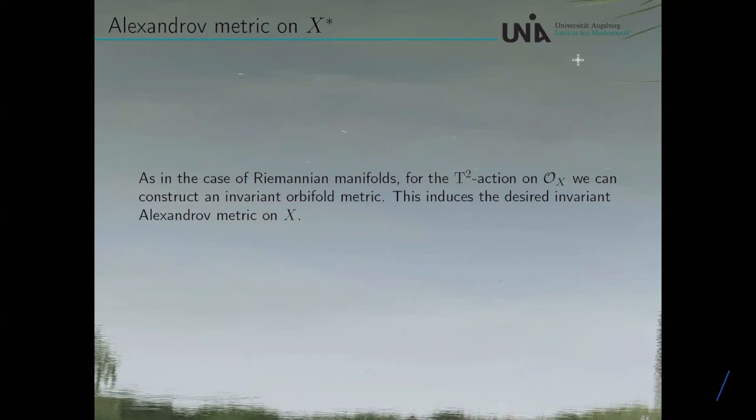And then using the same technique as in the Riemannian case, we obtain a T2 invariant metric on our orbifold. So it's just construction of a Riemannian orbifold metric on a smooth orbifold. Okay, so you make the metric T2 invariant by construction. Yeah. I see. Thank you.